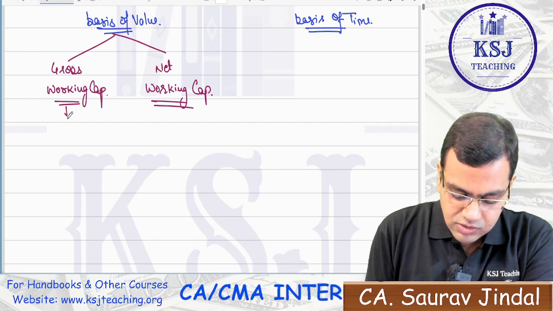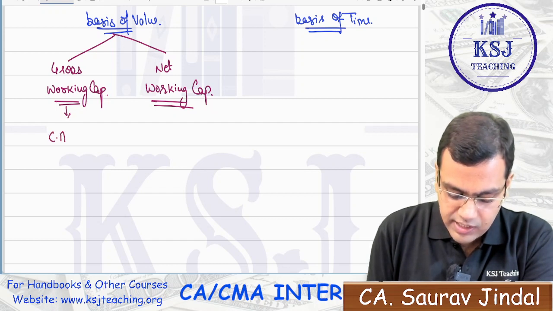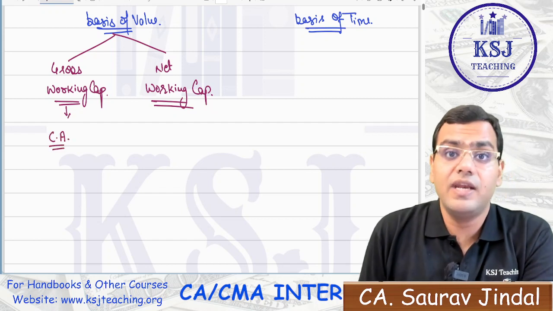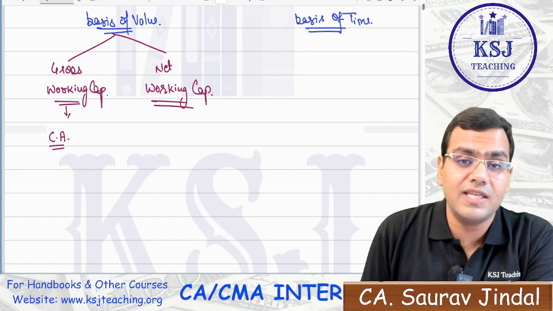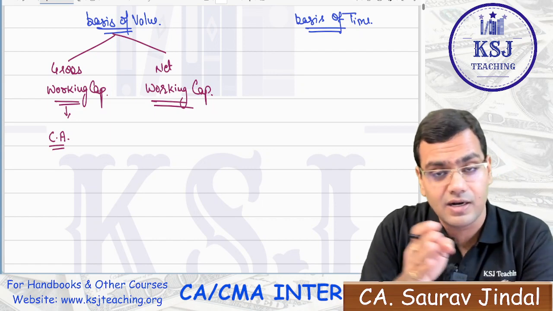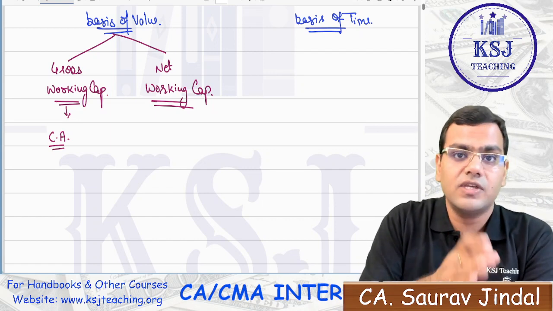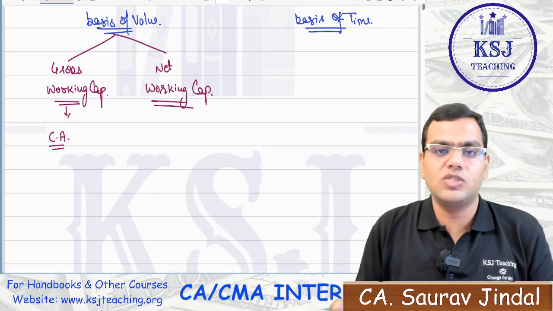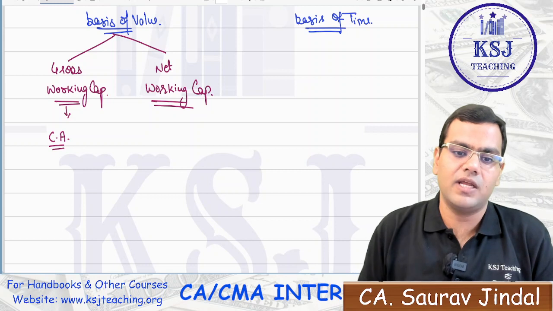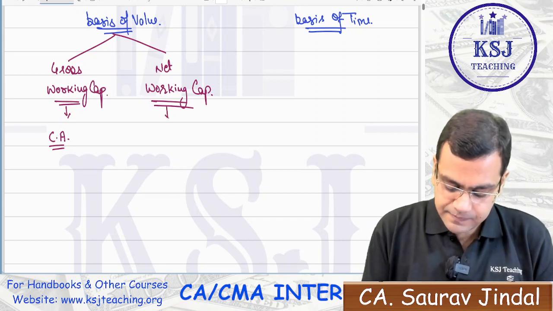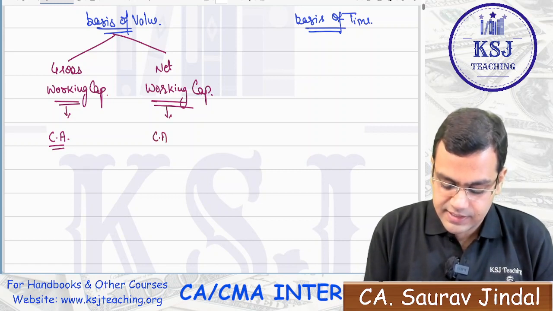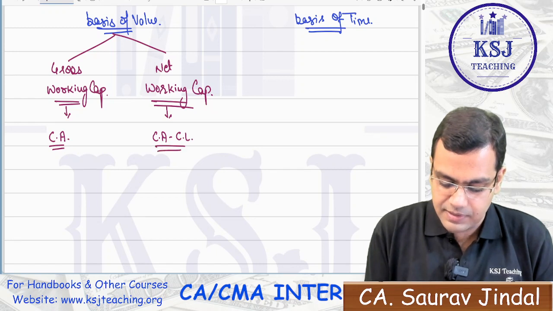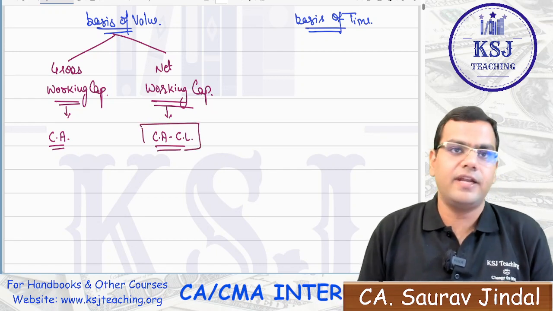So this gross working capital is focused only on current assets. The net working capital is where we see that after paying off our current liabilities, the people to whom we have to pay, what will be the amount left in our pocket, right? So this is current assets minus current liabilities. This is your net working capital.